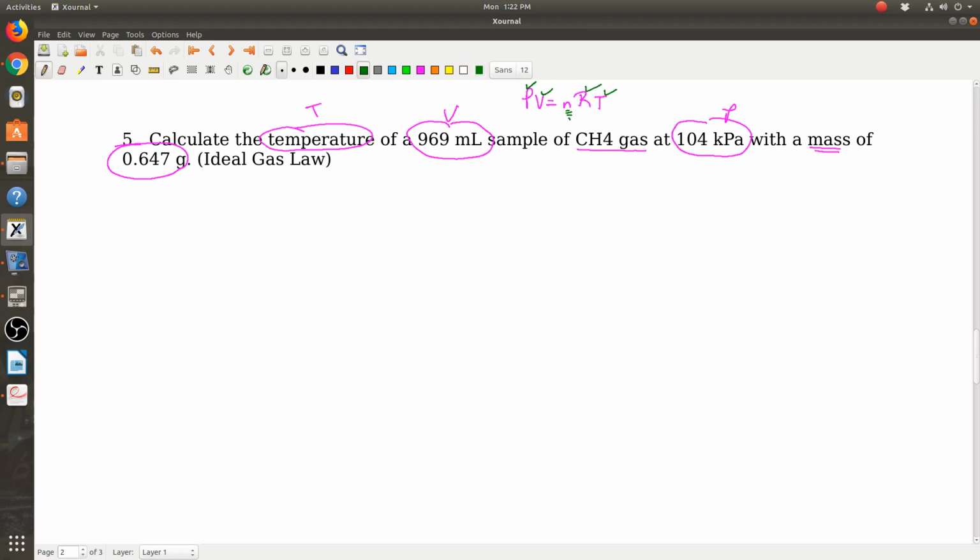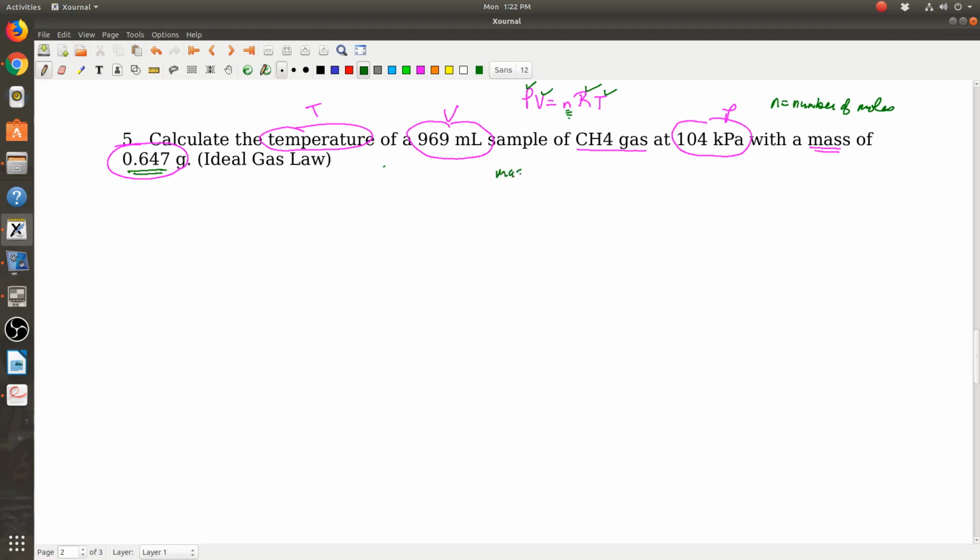So can I get the n? Well, I can, because what does n stand for? n is the number of moles. I don't have the number of moles, but I do have the mass, and I can turn mass into moles because I have to just use the molar mass.